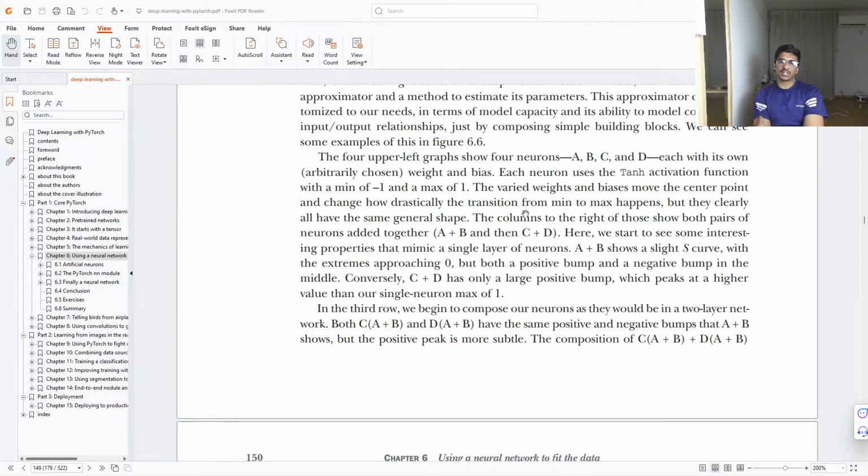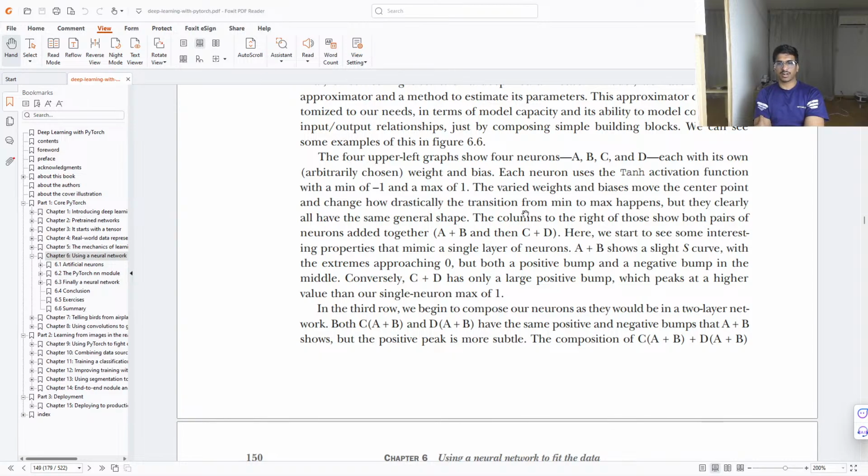Each neuron uses the tanh activation function with a minimum of -1 and a maximum of 1. The varied weights and biases move the center point and change how drastically the transformation from min to max happens, but they clearly all have the same general shape.